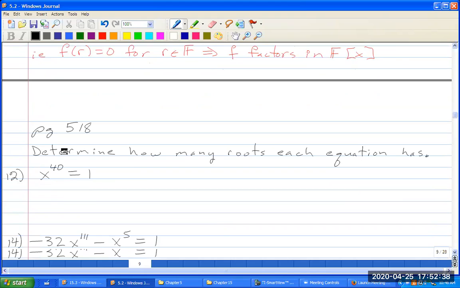Okay, so let's do page 518, problem number 12. Determine how many roots each equation has. x to the 40 equaling 1.